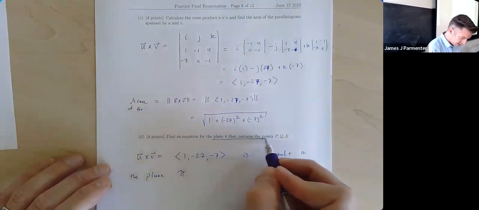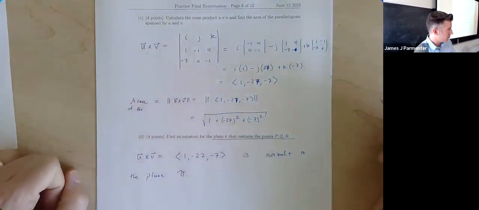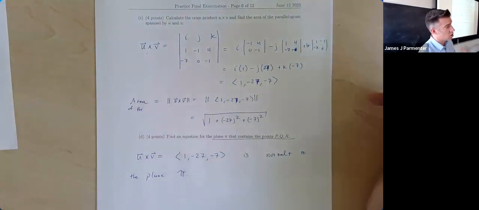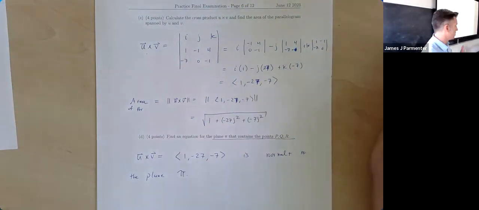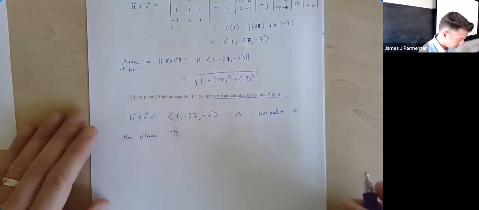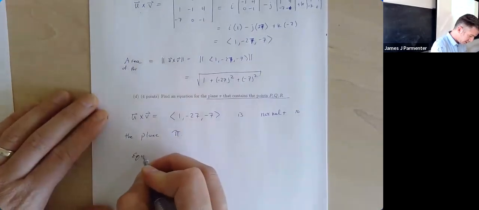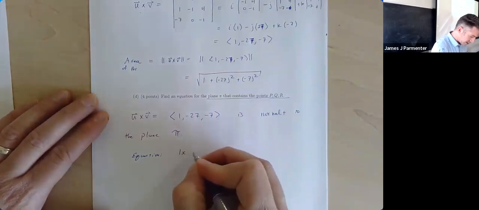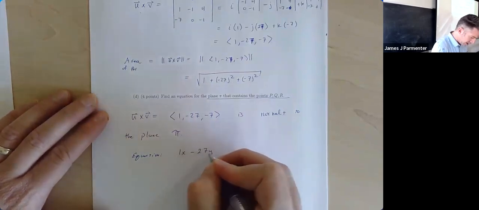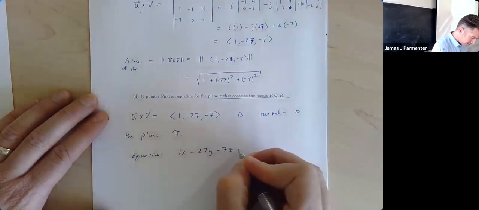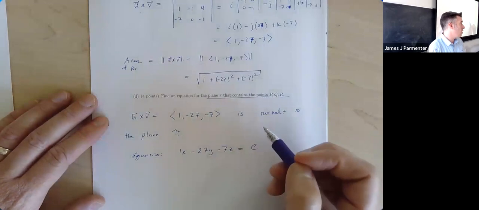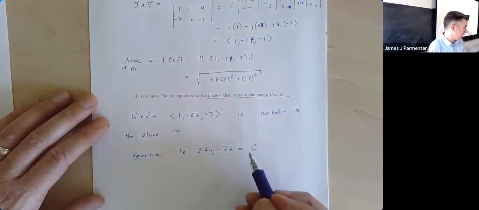The plane pi that contains the points P, Q, and R. So once you have the normal vector, you can just use those components to get the coefficients of x, y, and z. So here's the easy way to do it. The equation is going to be 1x minus 27y minus 7z equal to some constant, and then pick any of the 3 points P, Q, or R and plug that into the equation to find the constant.